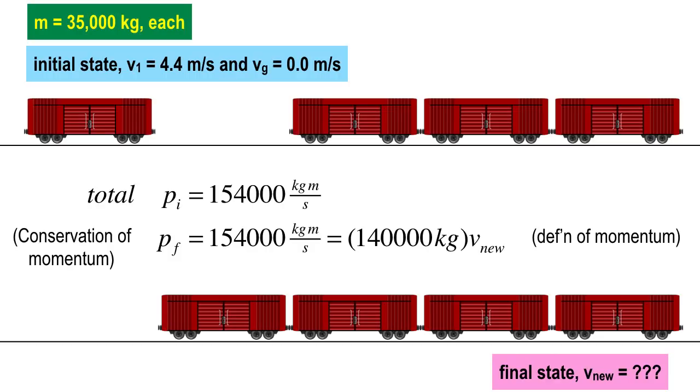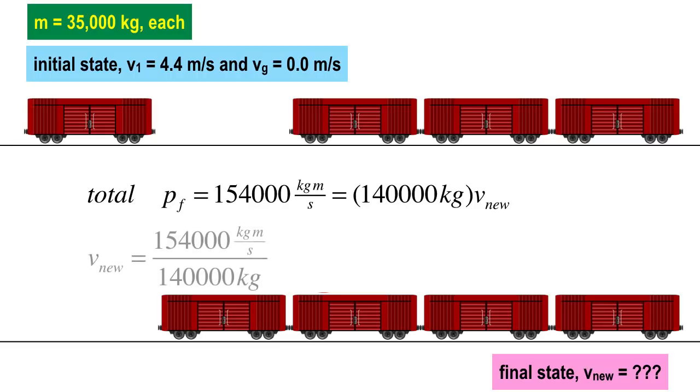Anyway, getting back to this, you can see V nu: just got to divide both sides by 140,000 kilograms. All right, here we go. V nu is equal to that 154,000 kilogram meters per second divided by 140,000 kilograms.